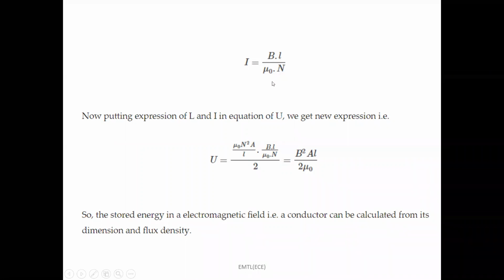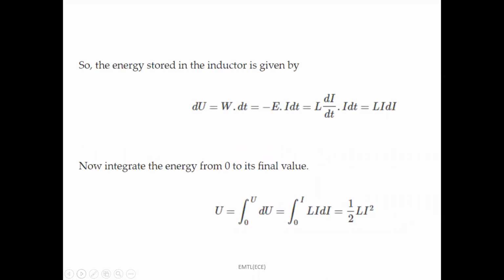As the relation we have to know, B is equal to mu H. From that relation H we can write as B by mu naught. Now putting the expressions for L and I in the equation U equals 1 by 2 L I square, this is the expression for L and this is the expression for I, substitute here.